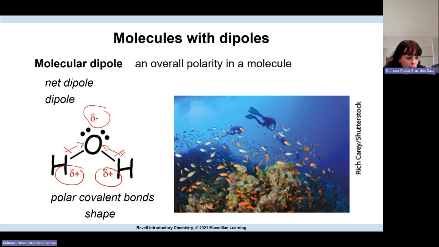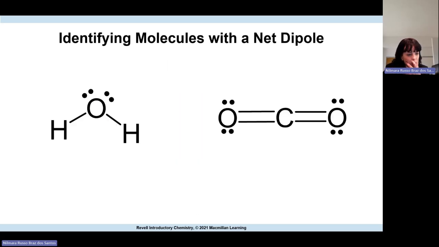And also we have those electrons over here, so we have more electron area over there. So a huge area compared to the hydrogen, okay? So the oxygen side of the molecule has a slight negative charge, while the hydrogen has a slight positive charge.